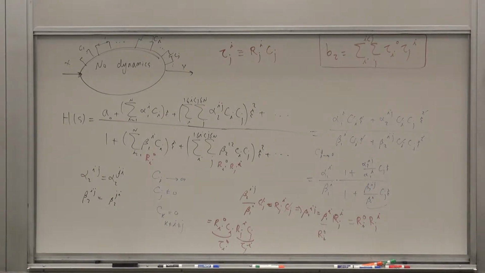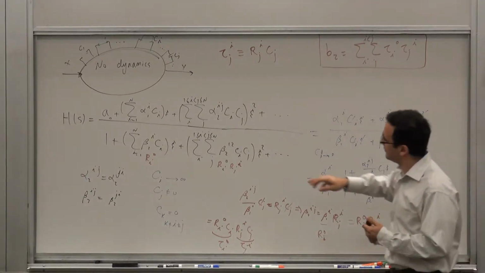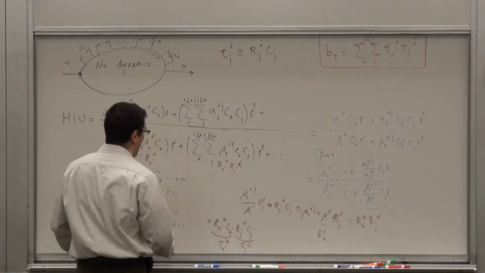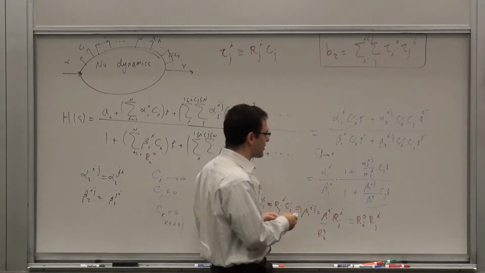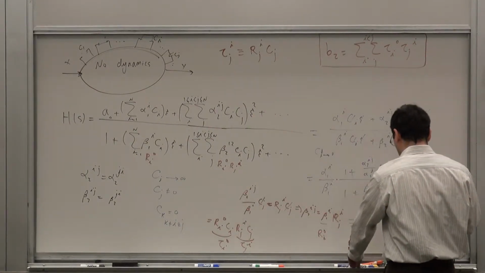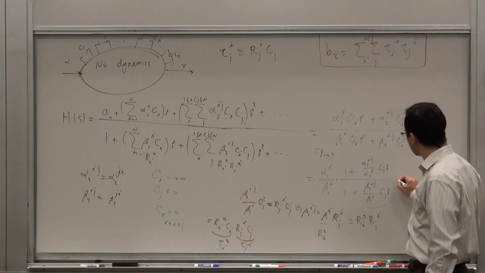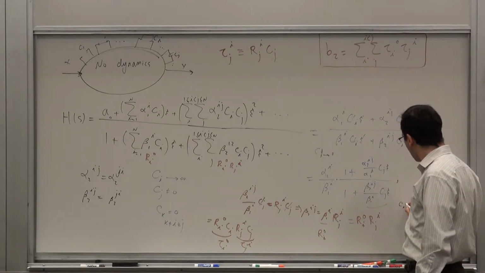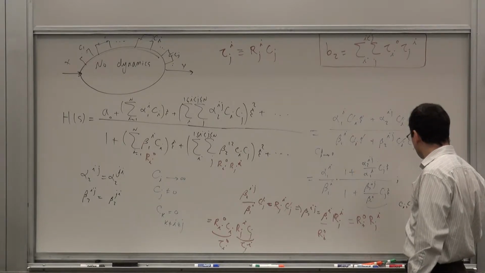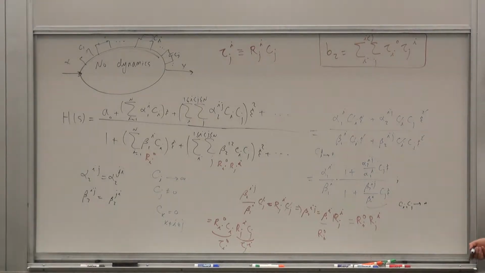And so now we have to determine A2. Now, A2 actually makes it simpler. To determine A2, you need to go one step farther. What you do here is you say, okay, I'm setting both Ci and Cj to infinity, and look at the transfer function.